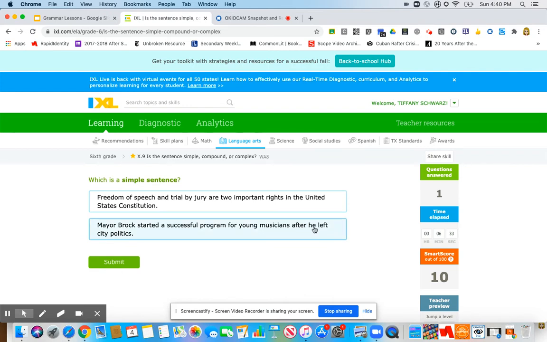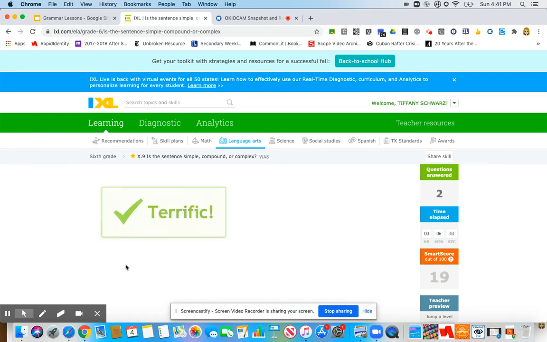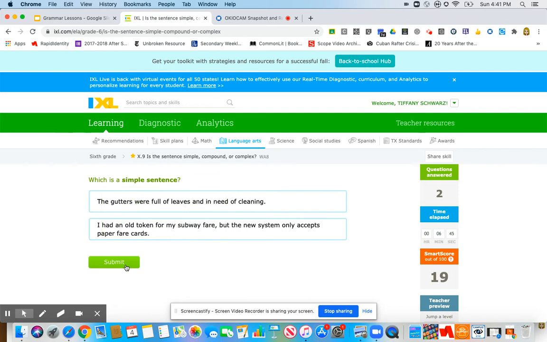It has a subject and a predicate, but it also has a subordinating conjunction before it. So my simple sentence is the first one. This one is a complex sentence. So again, we're looking for the simple sentence. I can tell that this one has an IC, comma, fanboy, IC. And so my simple sentence is the first one.